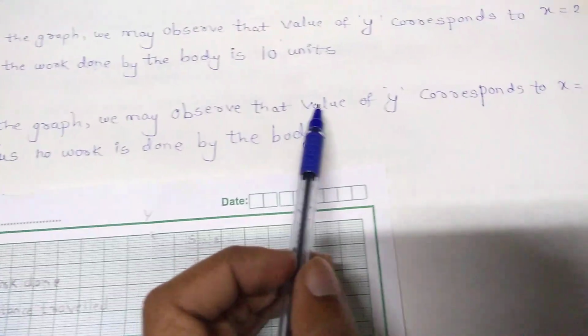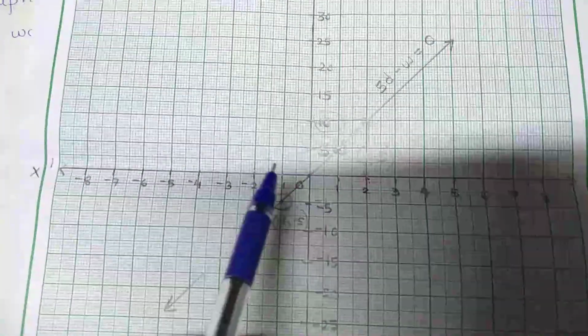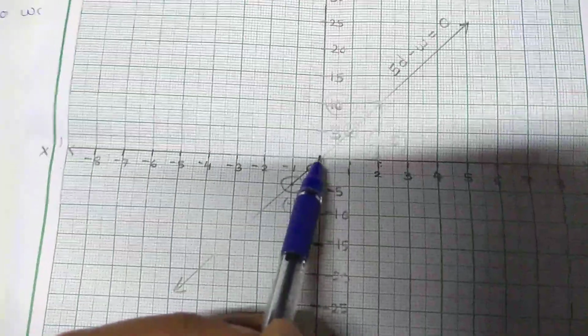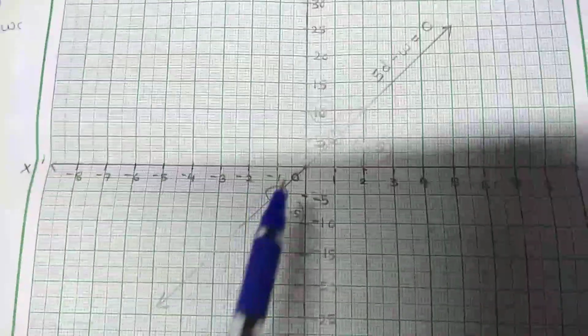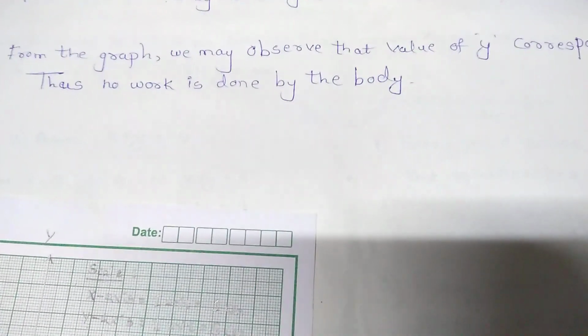And from the graph, second point, we may observe that the value of y corresponding to x is 0. So when the body doesn't travel any distance, that is, it stays at rest, nothing is done, that is, no work is done, and hence it corresponds to the value 0, thus no work is done by the body.